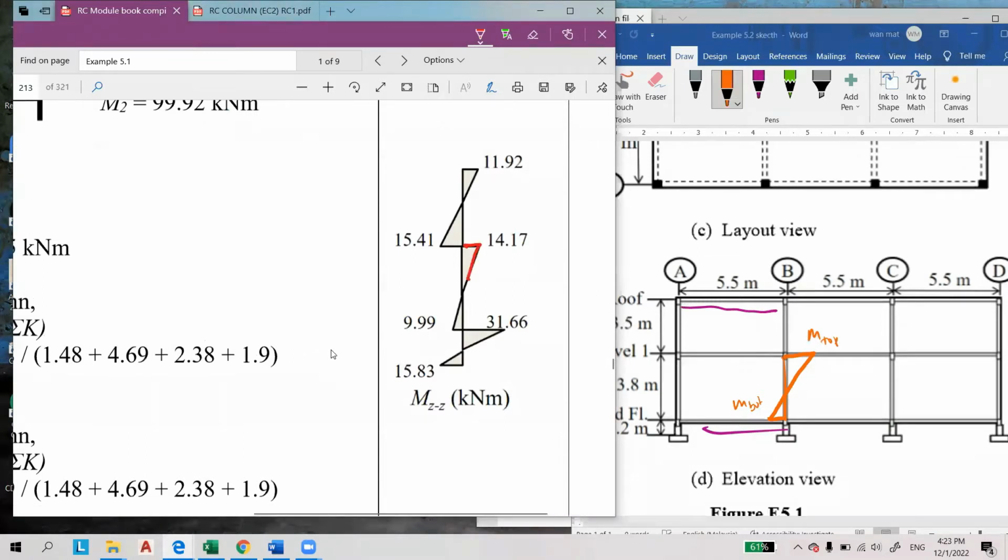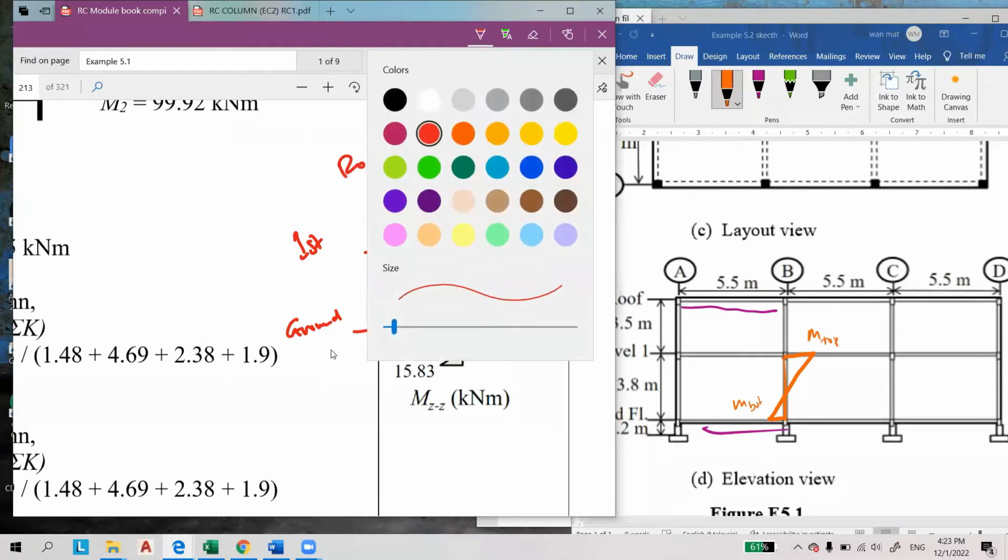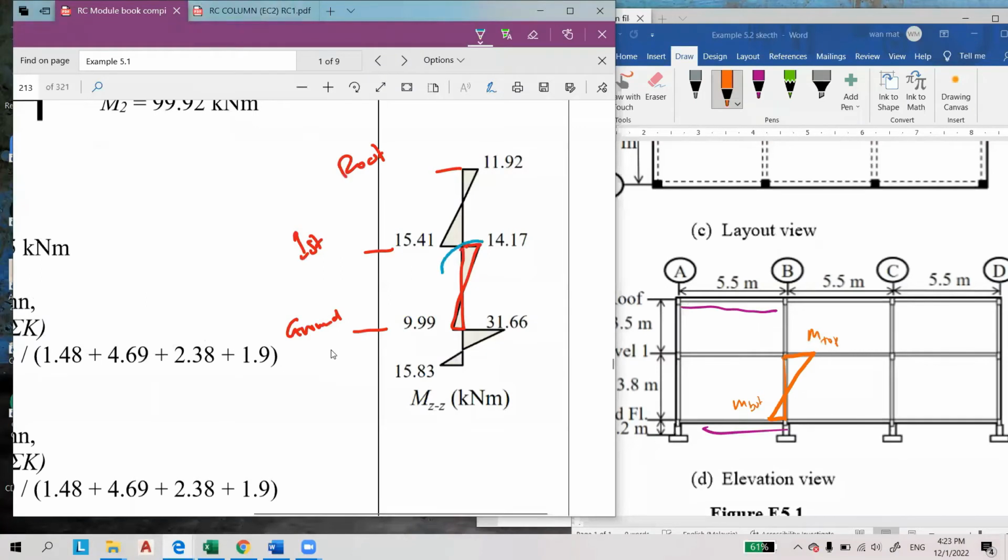This is the ground floor level, this is the first floor level, and this one is the roof level. So we want to determine whether this column is slender or not, so we consider this part only.